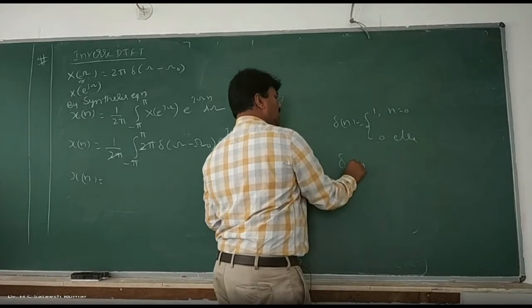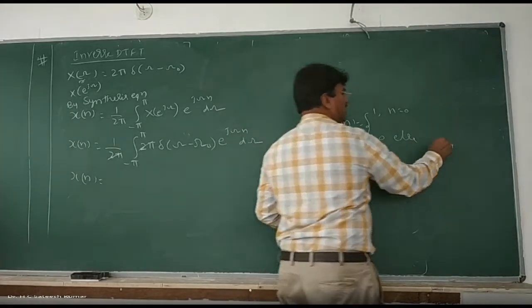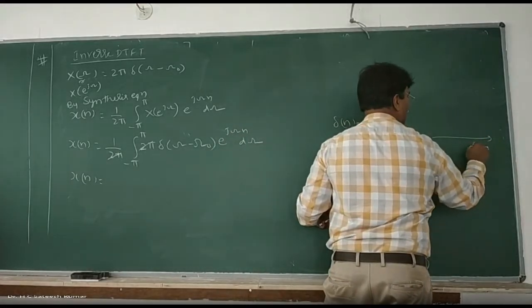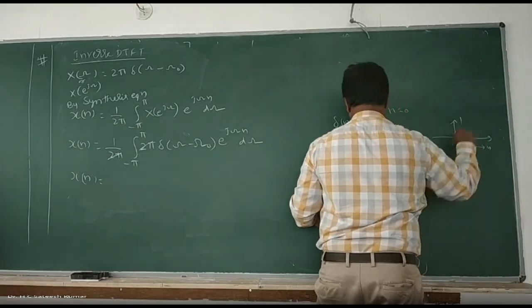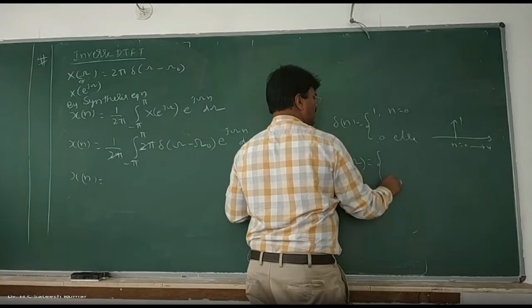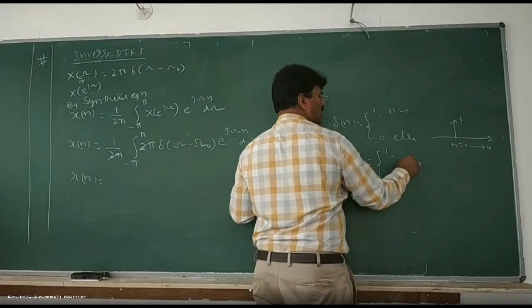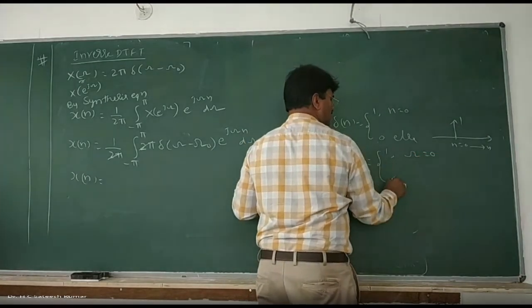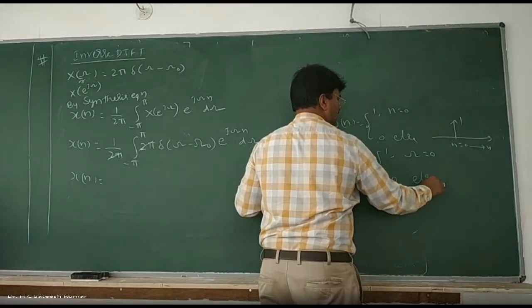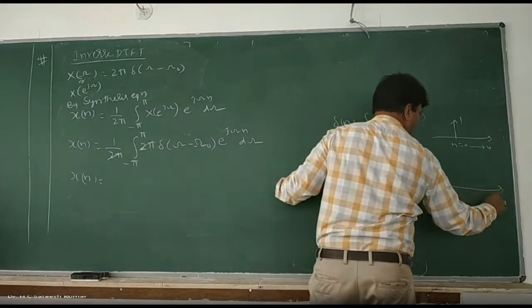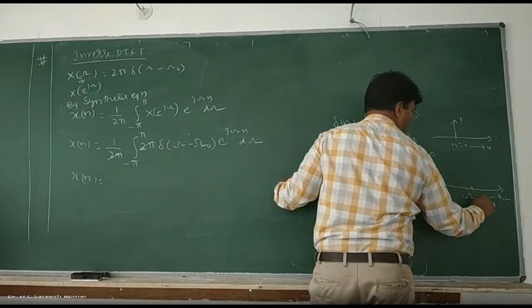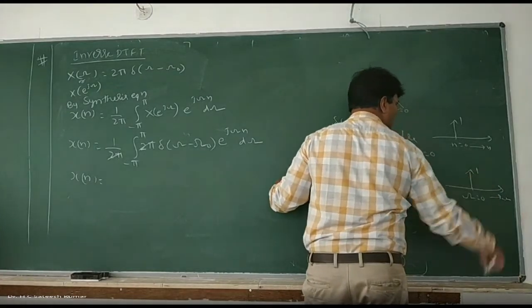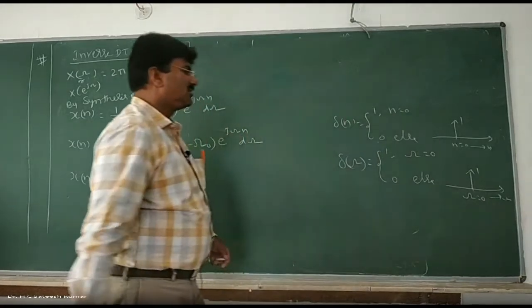Similarly, delta of omega is equal to 1 for omega equal to 0 and 0 elsewhere, on the omega axis. This is the delta function in the frequency domain.